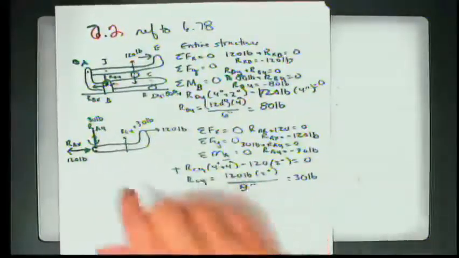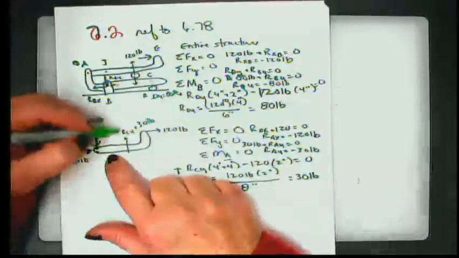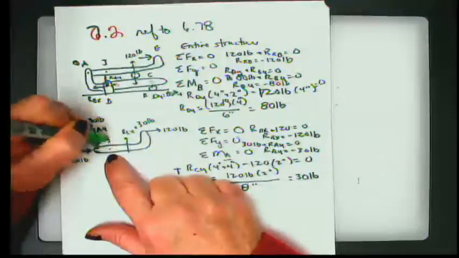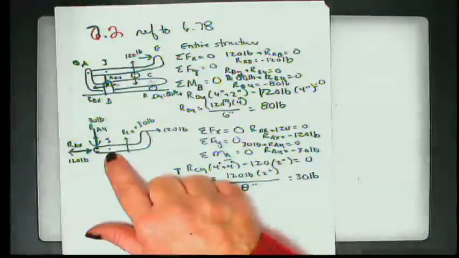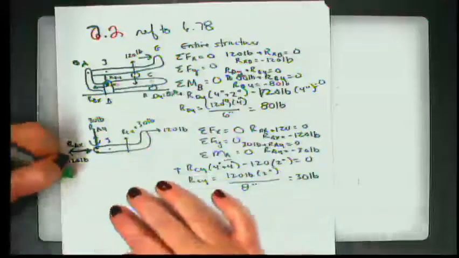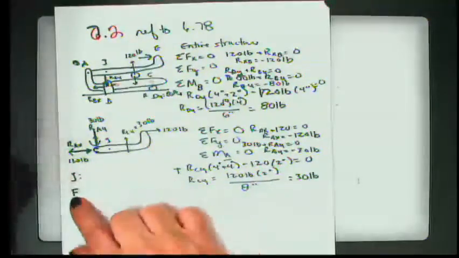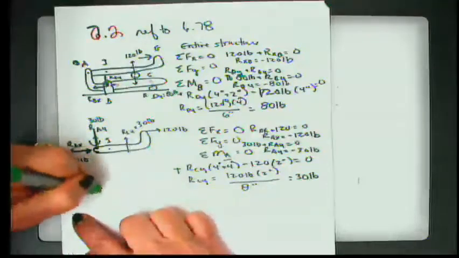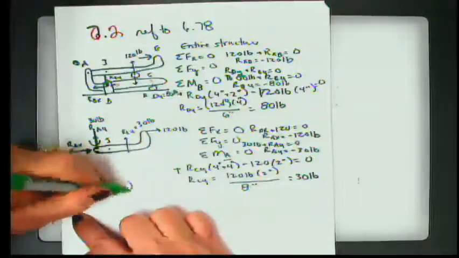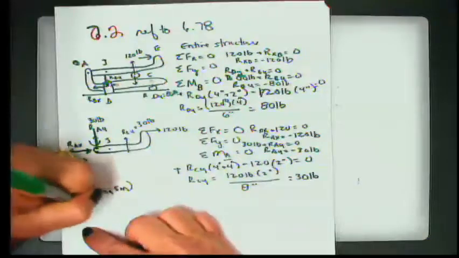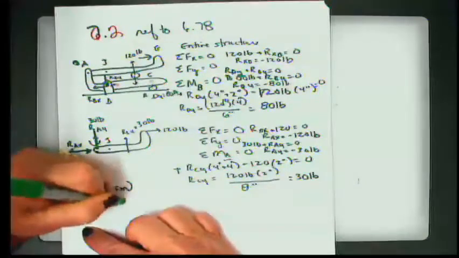Okay. All right. So now we're on to the final step. We want to know what's going on here at J. And at J, we can have a normal force, which is directed along the structural member. We can have V, which is perpendicular to the structural member.